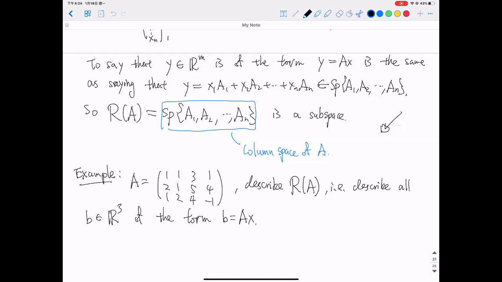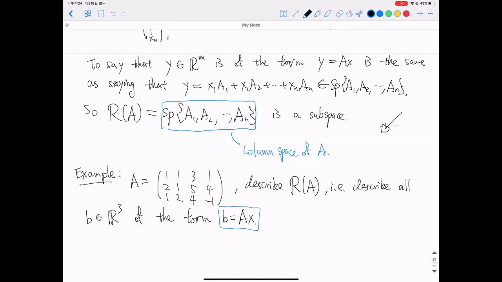All right, let's think about how we're going to do this. We've certainly seen the equation Ax equals b before, but we viewed it as an equation with A and b given and x being unknown.